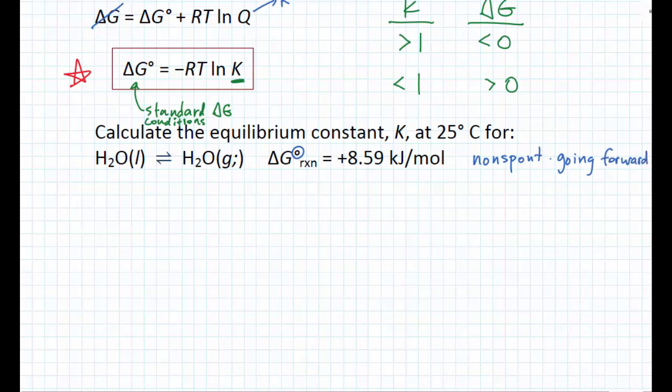In other words, delta G means we start with 1 molar of everything. Going forward, what happens from there? Going forward, we're going to have condensation forming the liquid, like we said. So non-spontaneous going forward. Just from that, how would we predict the equilibrium constant would be?